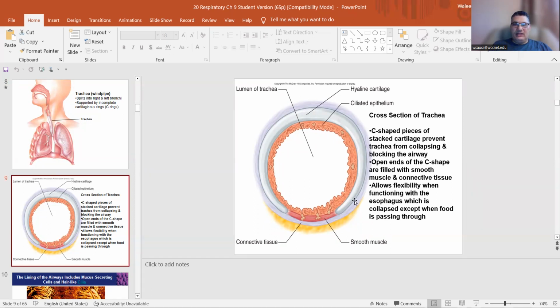It is an incomplete circle. Look here, there is no cartilage because the cartilage is kind of rigid in order to keep this opened. But here in the back, there is muscle. And this muscle will complete the circle, but it's not rigid, so the esophagus behind it can expand if you're eating.